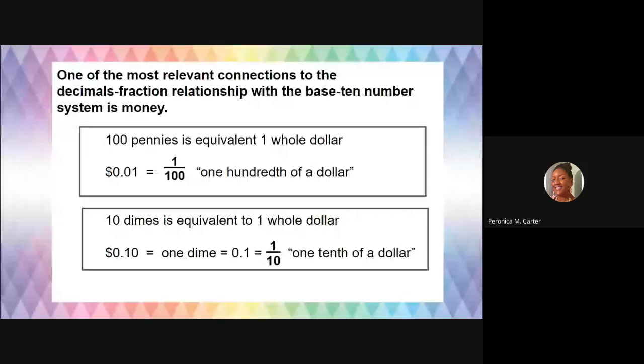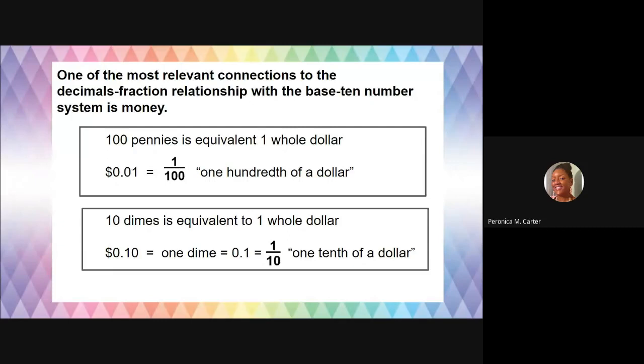And the way you write that is the dollar sign, zero, decimal place, 0, 1. And that says 1/100th. And that is equal to the fraction version, which is 1/100. So they're the same thing. 1/100th as a decimal is the same thing as 1/100th as a fraction.